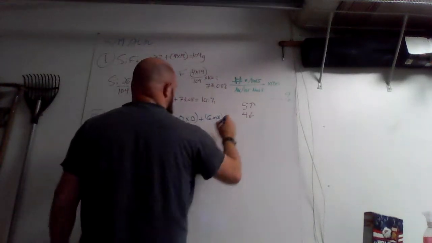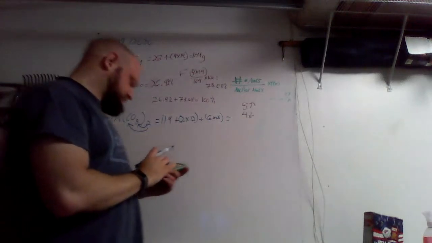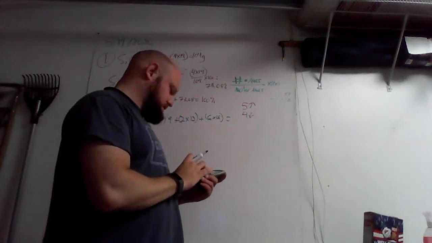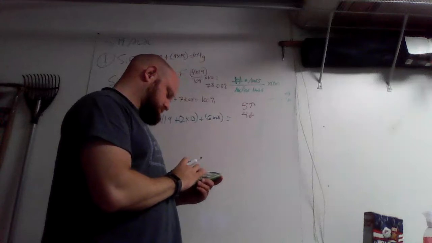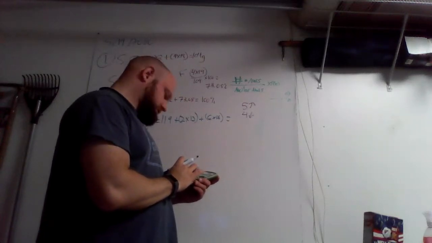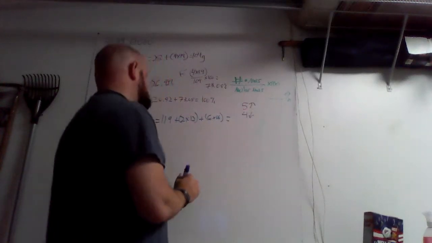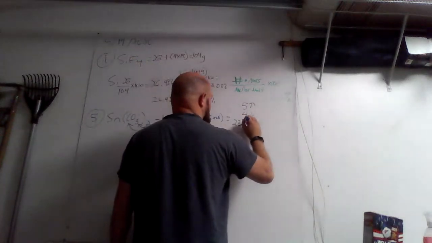So 6 times 16 plus 2 times 12 plus 119 will give me 239 grams.